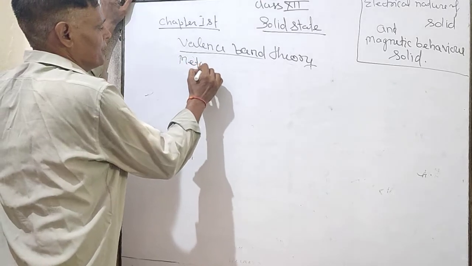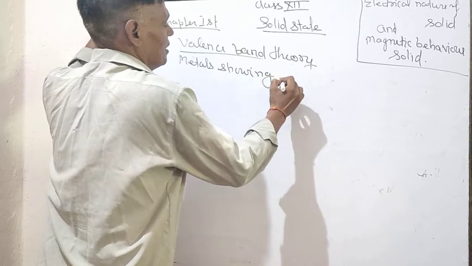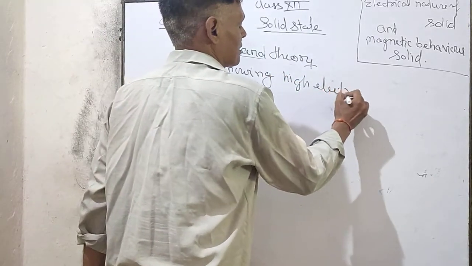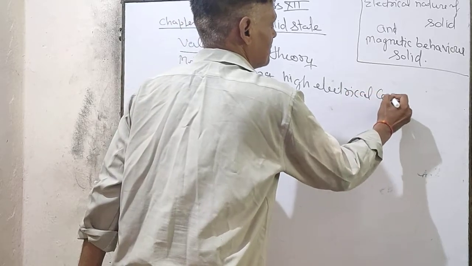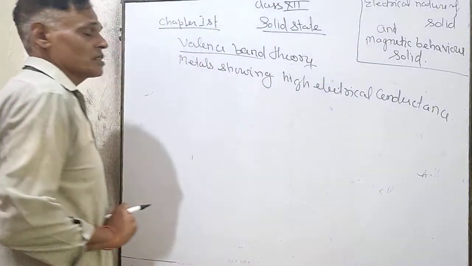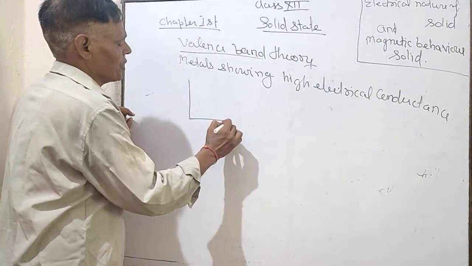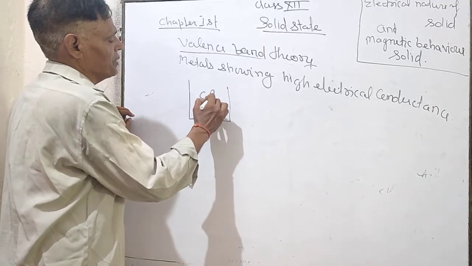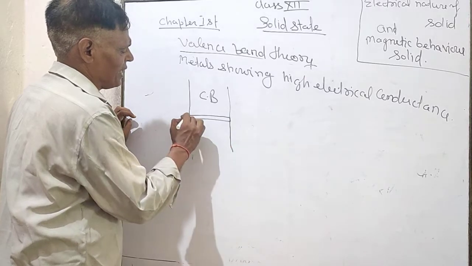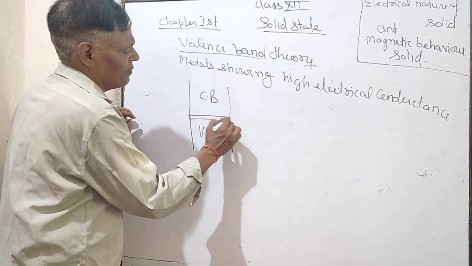In this case, what is the idea of valence band here? See, this is your conduction band, that we call CB, and here the valence band VB overlaps with the conduction band. Here, overlap.